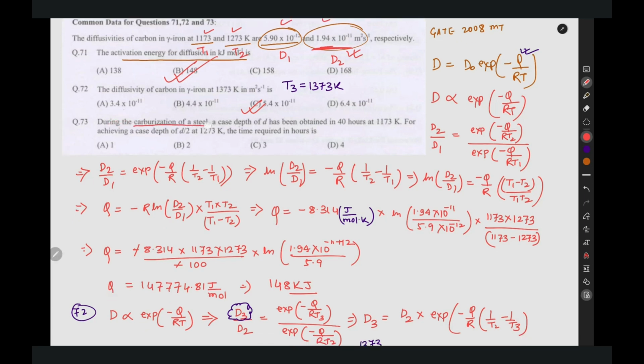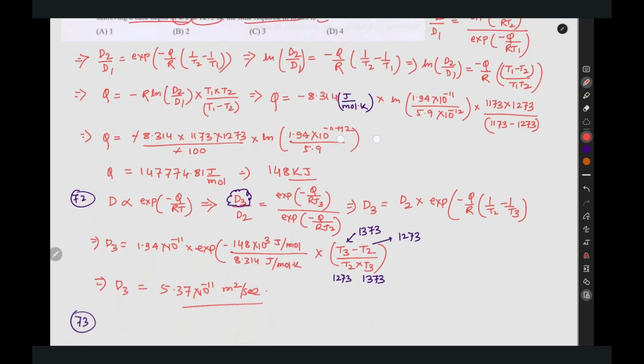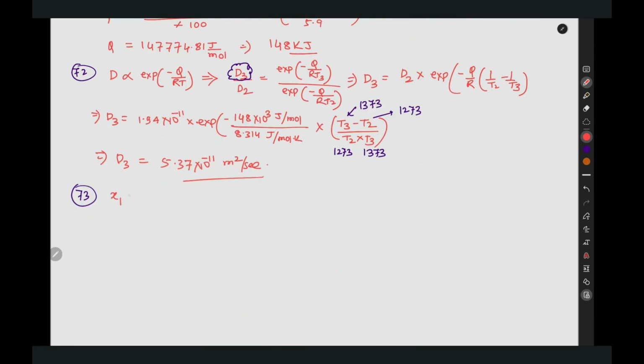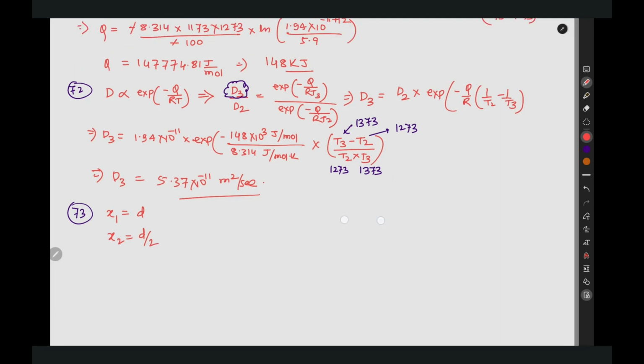During the decarburization of steel, a case depth D is obtained in 40 hours at 1173 degree. And for achieving the case depth of D by 2 at temperature 1273 Kelvin, the time required we have to find. So depth x1 is given as D and x2 depth is given as D by 2.